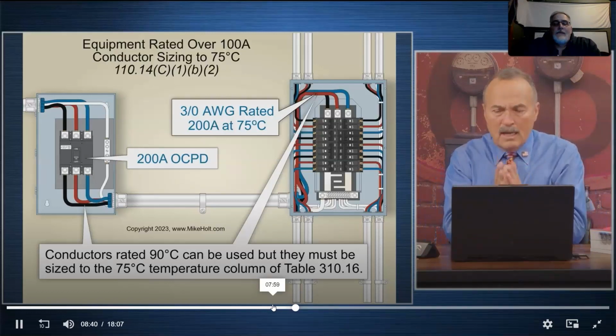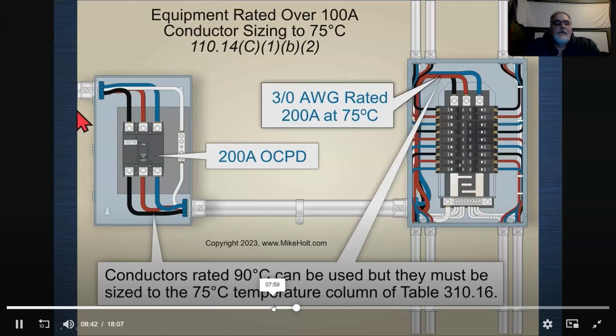What are we even talking about? We're talking about right here, these terminals for this equipment. This equipment's terminals had a 75 degrees C conductor size on there when they did the testing. So 90 degrees C would give you a higher ampacity.